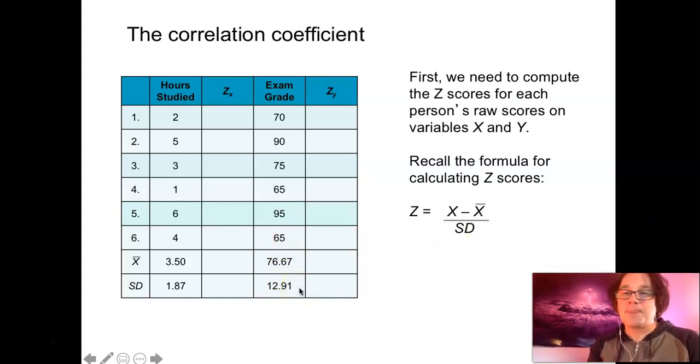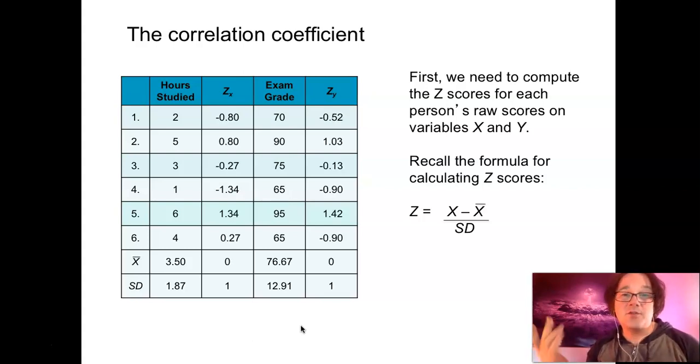So that was kind of nice to everyone, because I did all the work there. But it's okay, SPSS is going to take care of this stuff for us. So all we have to do is apply this formula. How do I get all these z-scores? Easy. I took 2 and I subtracted out the mean of 3.5, divided by the standard deviation of 1.87, and I got that z-score.